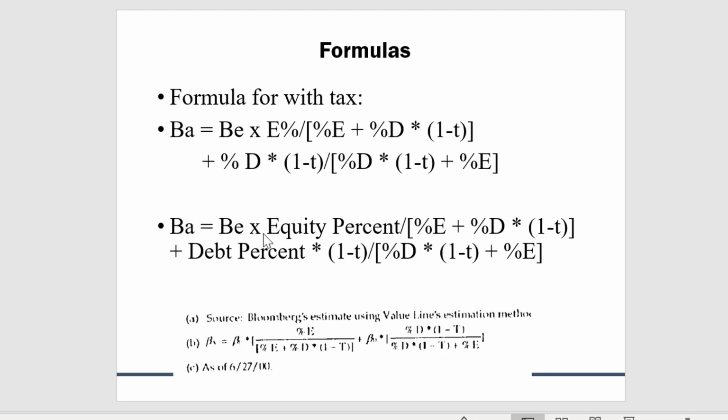So the asset beta is the equity beta times the equity to capital, and you put the debt at the net of tax, and the debt is the debt.